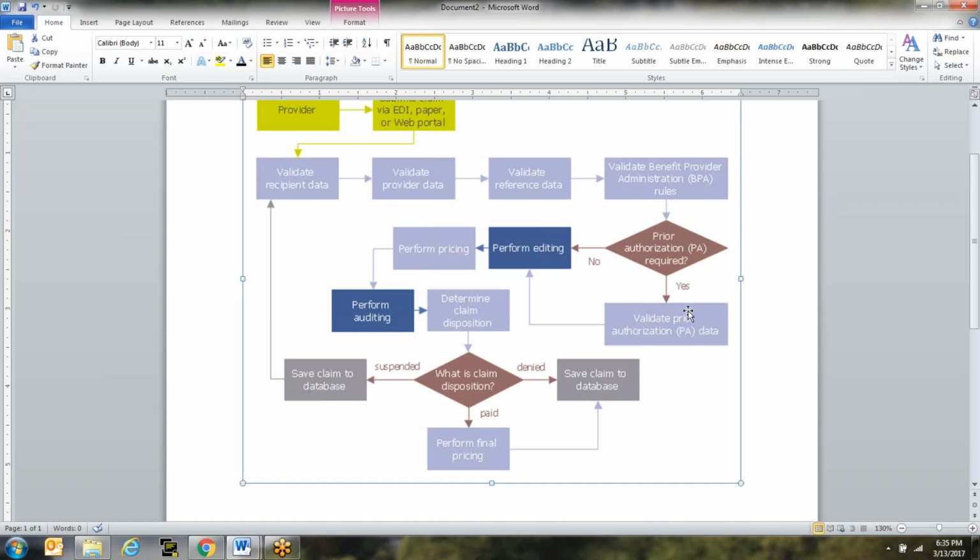But if it comes with a PA number, then it's a different story. So the system will check whether prior authorization is required or not. If it's required, it validates the PA number. If it's not required, then it moves on to the next step.